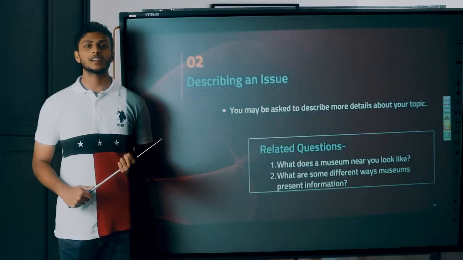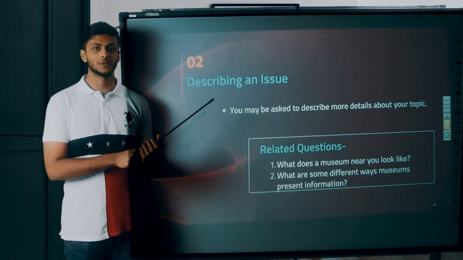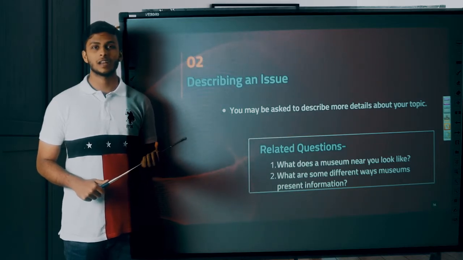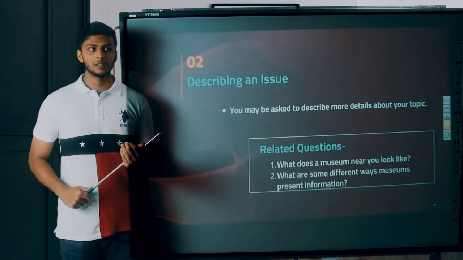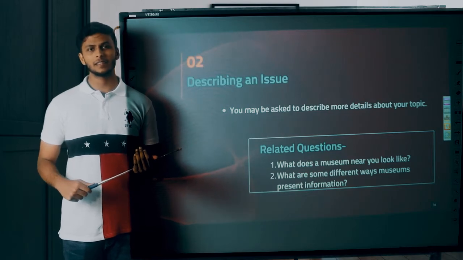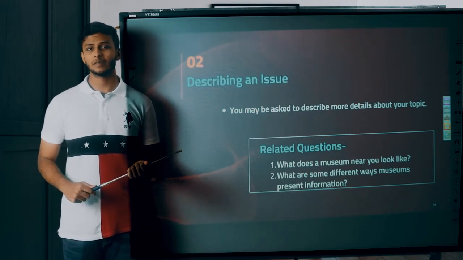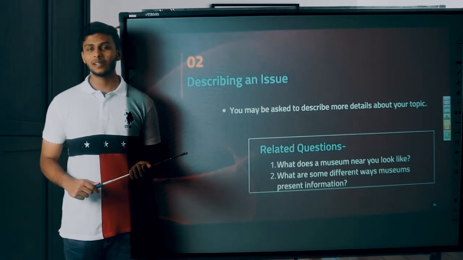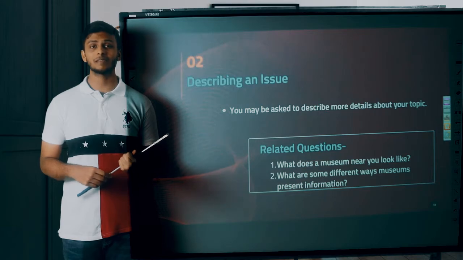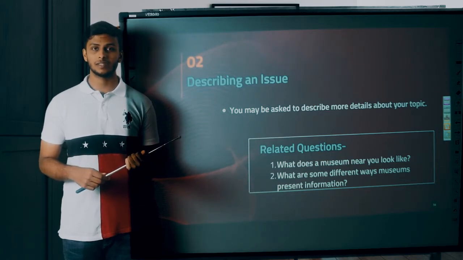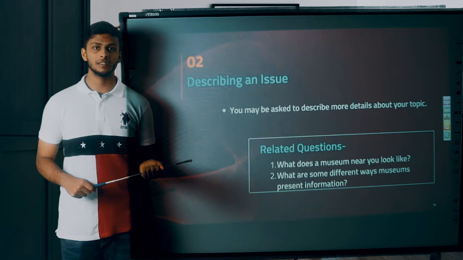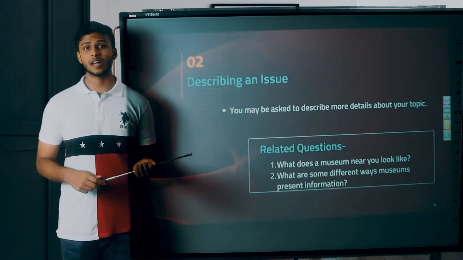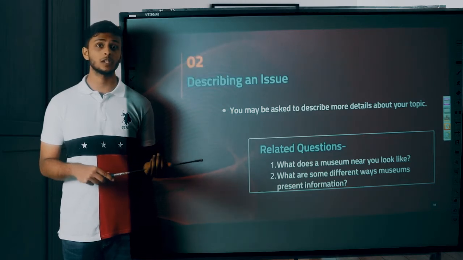The second possible question type is describing an issue. You may be asked to describe more details about your topic in the IELTS Speaking Test Part 3. You might be thinking that explaining and describing are the same thing, so how can we distinguish them? Very simply, remember, explaining means to make something clear or easy to understand by providing some information, and on the other hand, describing is to say or write what something or someone actually looks like.